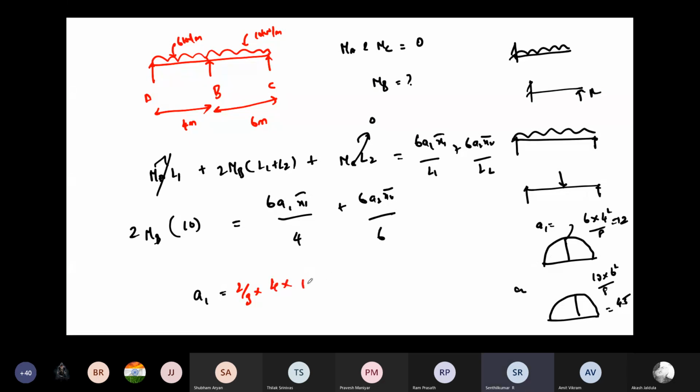Height is nothing but the ordinate, 12. That is for A1. So what is the value? 32. That is A1.